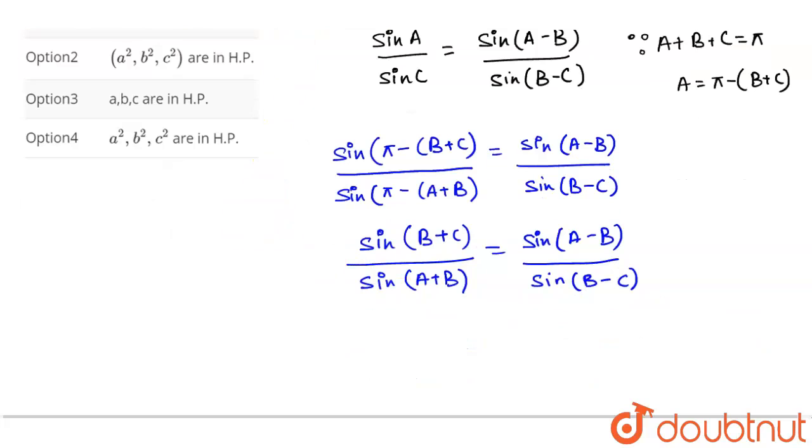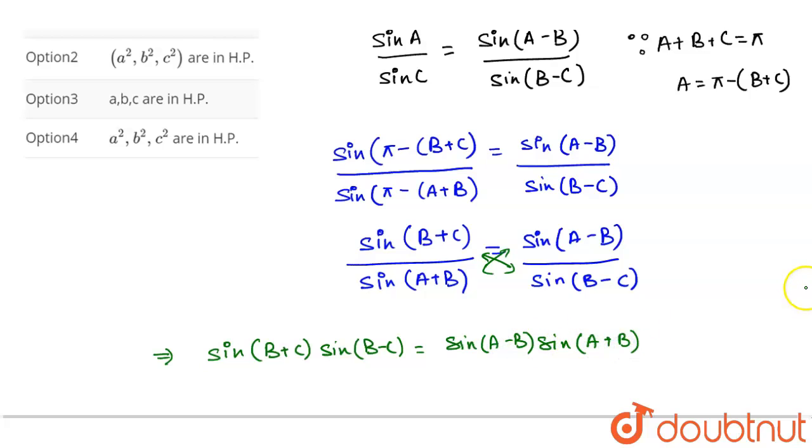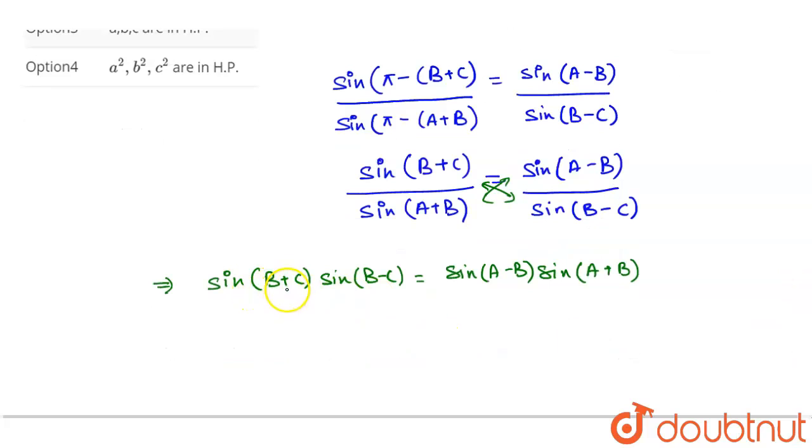Moving ahead in the question, let us open the brackets and plug in the identities. We'll cross multiply them. So this implies sin(B plus C) into sin(B minus C) is equal to sin(A minus B) into sin(A plus B), because I'm seeing that there is a relation: on the LHS B and C are there, and on the RHS A and B are there.